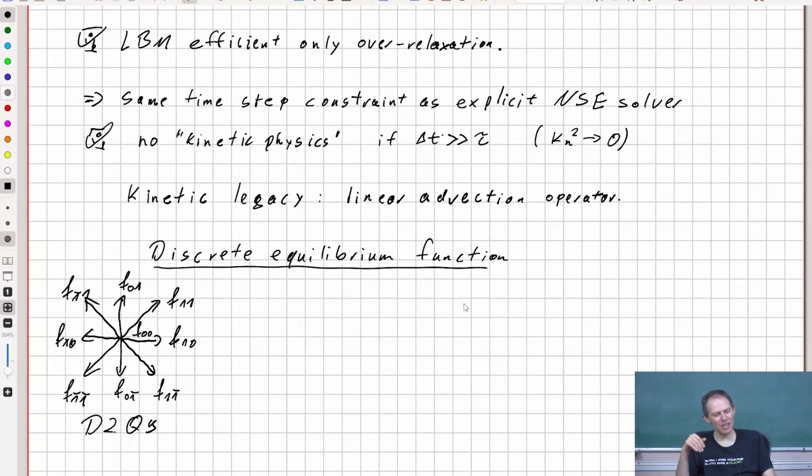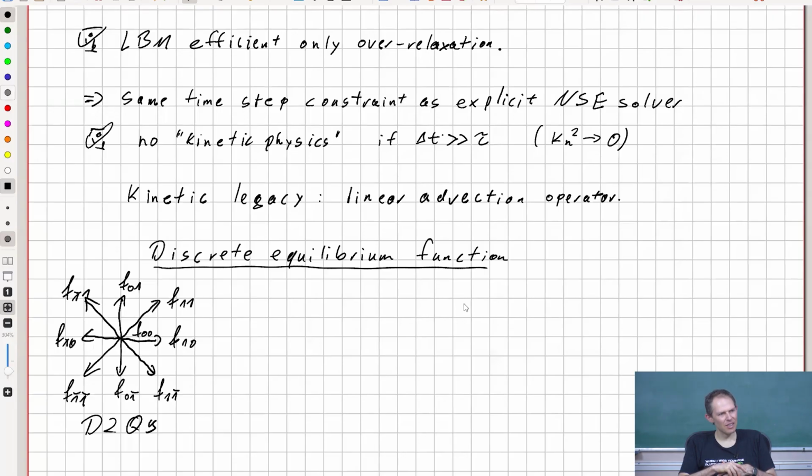So if you solve a pure diffusion problem, then the equilibrium function is a linear function of whatever density, the quantity you want to transport, and then the entire method is linear.